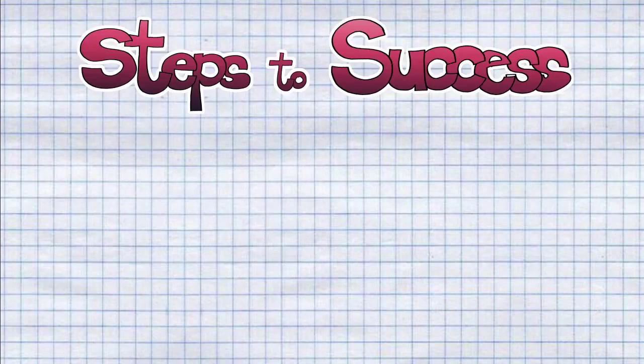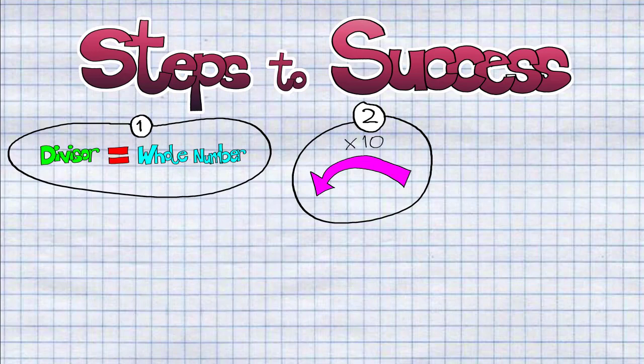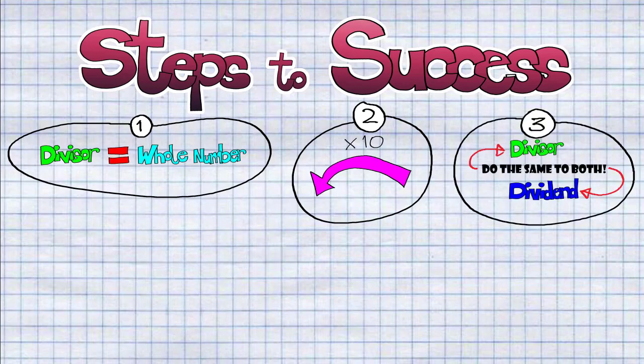So let's have a quick recap on the steps you need to divide decimals by decimals. First thing you do is make sure that the divisor is a whole number. If it's not, you have to multiply it by a multiple of 10 until it becomes a whole number. After that, whatever you multiplied the divisor by to make it a whole number, you have to do the same to the dividend.